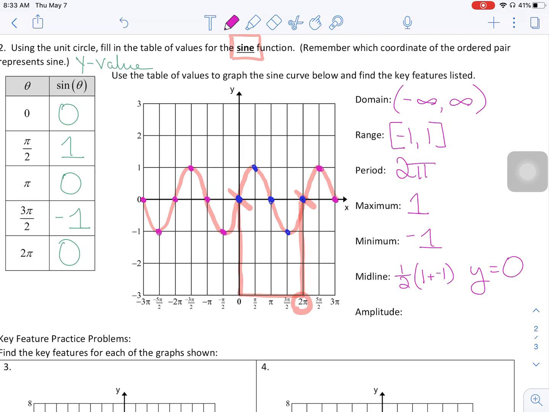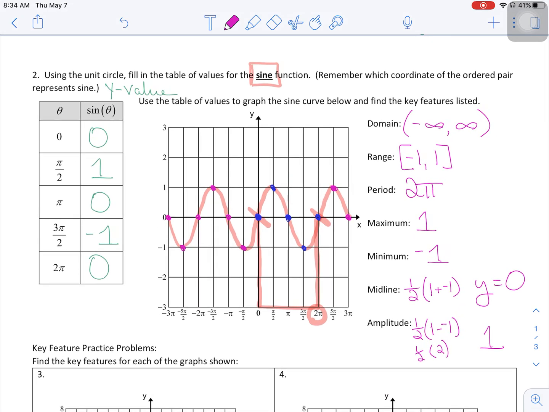Okay, amplitude is half the distance between your minimum and maximum. So take the maximum minus the minimum. So that's going to be a half of 2, and your amplitude is going to be 1. Okay, so that's the graph of the basic sine function from the unit circle.